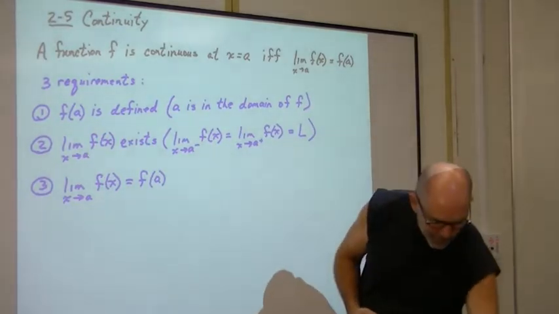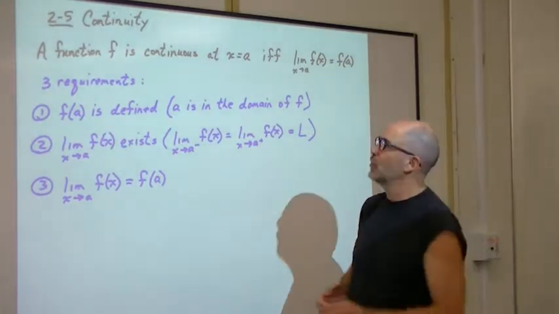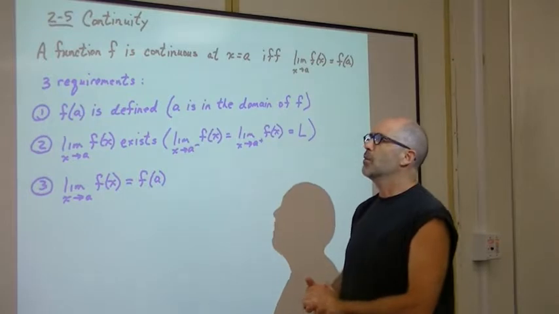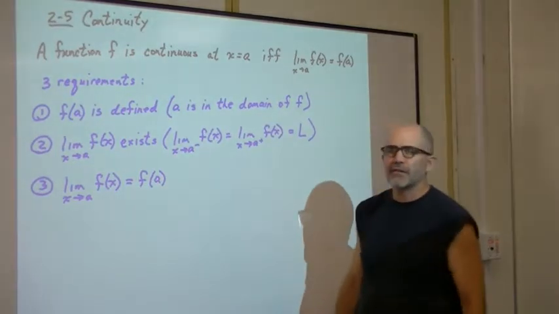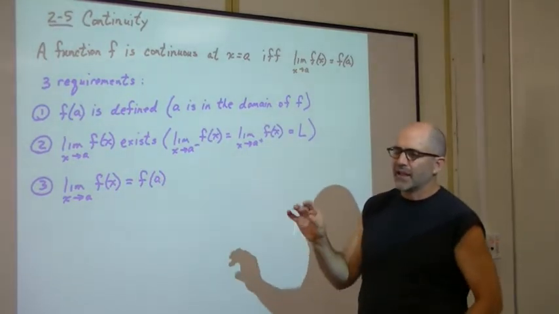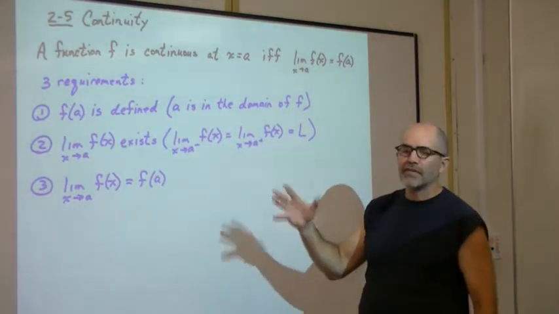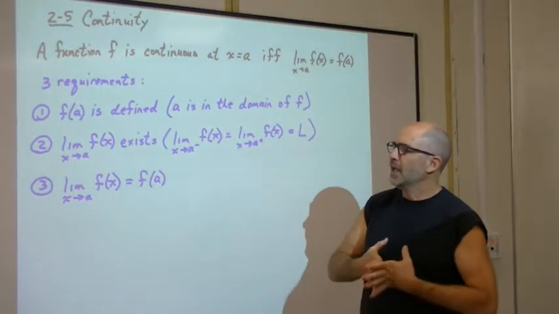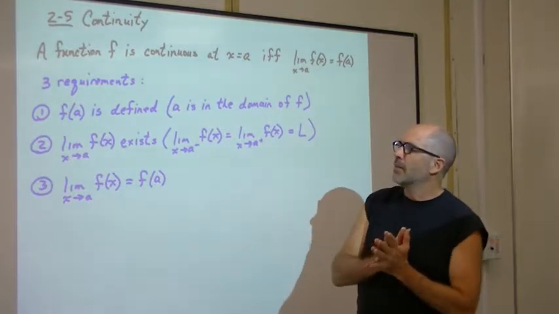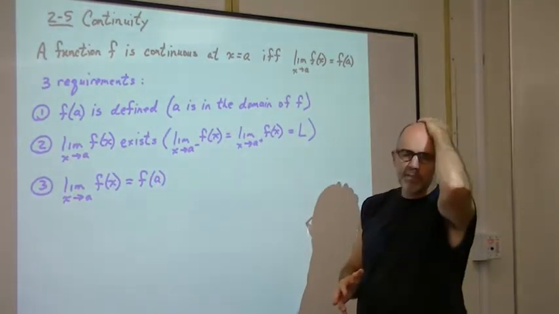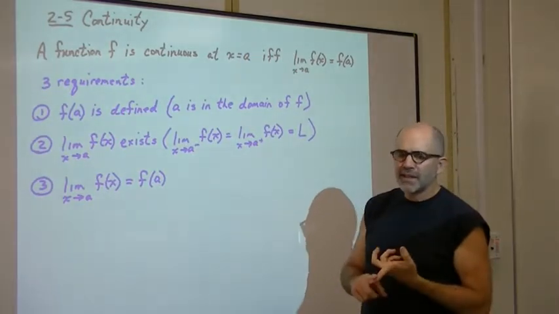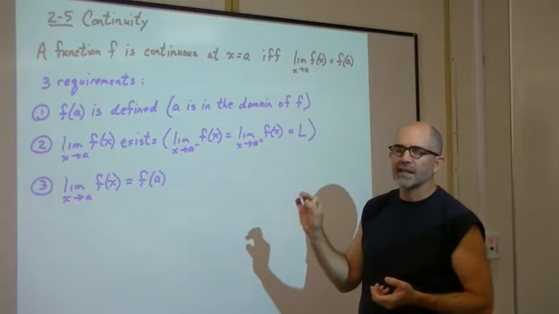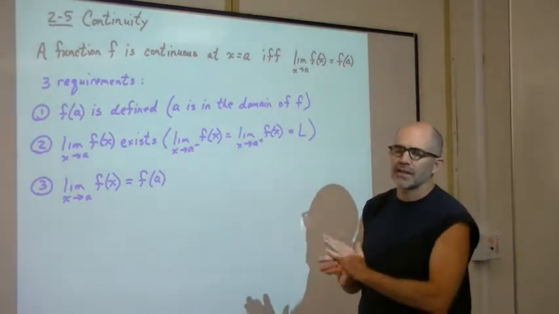Okay, so cruising onward to Section 5, Continuity. Now, in the past we've defined continuity as if you can draw the function without lifting up your pen, then it's continuous. And we talked about discontinuity being point discontinuity, which would mean only one point is discontinuous, but the whole rest of the function is continuous.